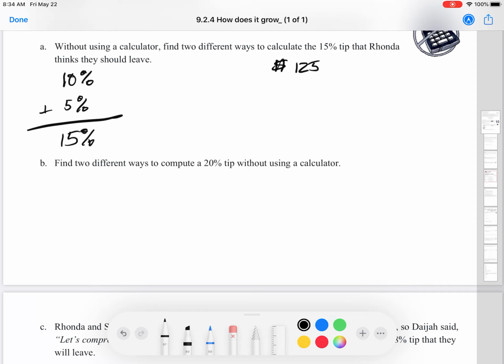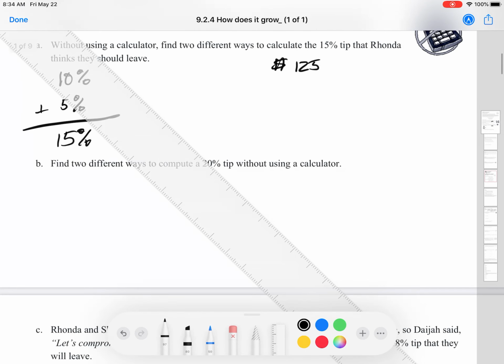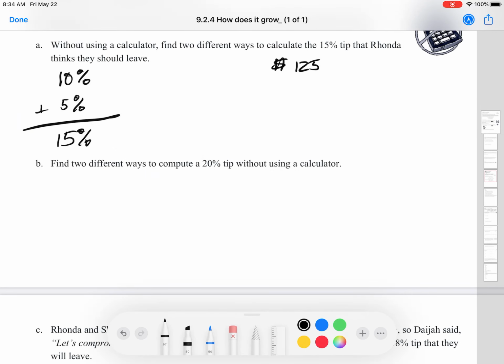A 10% tip is just a movement of decimal places. We've been talking about this for such a long time. That's kind of been our short way of doing it. So it's $12.50. It is 1 out of 10, 1/10 of 125, or 10 out of 100, 10 1/100ths of 125.